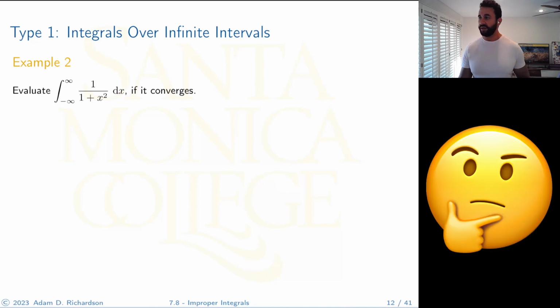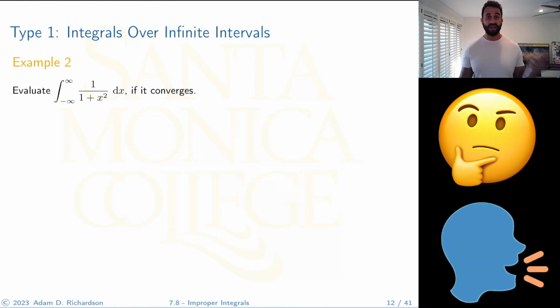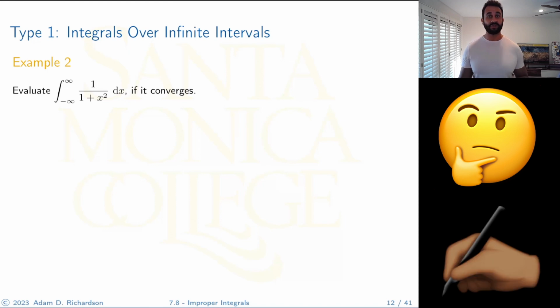But I want you to think about that for a minute first. And then say something out loud to yourself about what you would do first. What do you want to try first? All right, now try to work it out on your own. Use the limit operator properly, correctly, and see if you can evaluate what this is. What does this integral converge to?